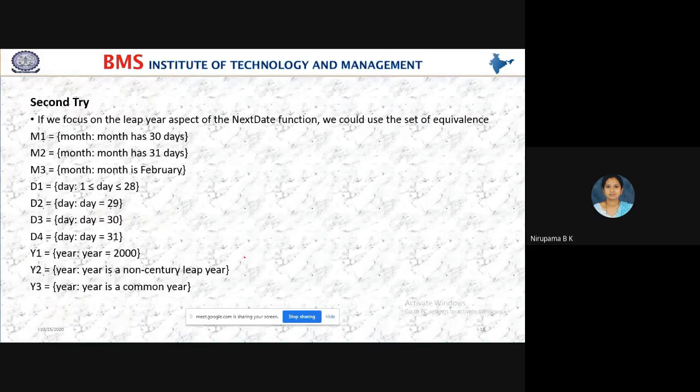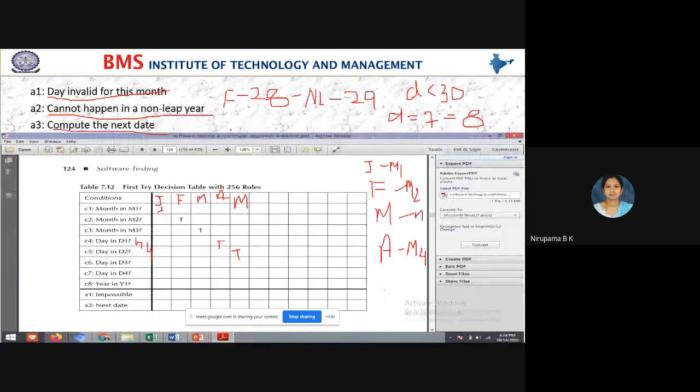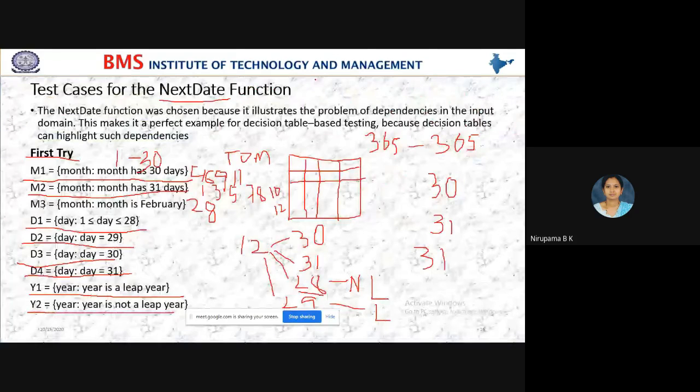Next, second try, or you can say second case or next case. What is the next case? Here in the next case, we are focusing only on the leap year. Earlier we were taking all the months.